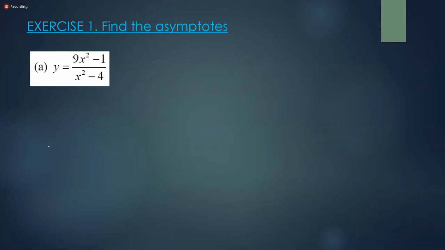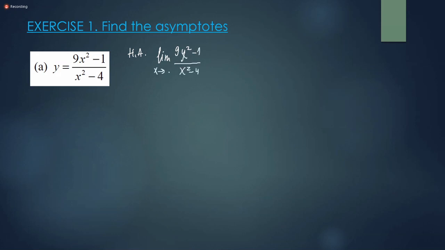Now, finding the asymptotes, we can see fairly quickly. First of all, notice x squared in the numerator, x squared in the denominator. This means that this function has a horizontal asymptote, not slant. So for the horizontal asymptote, we check the limit of this function, x squared minus 9 over x squared minus 4.